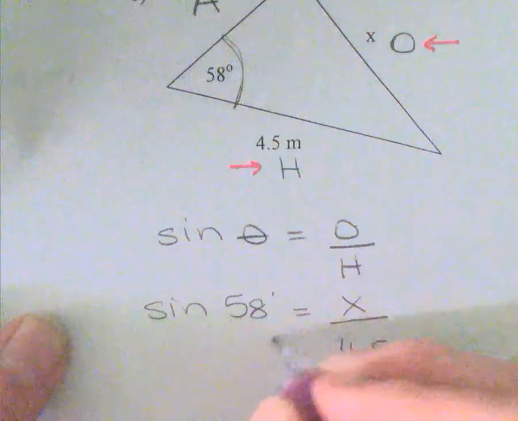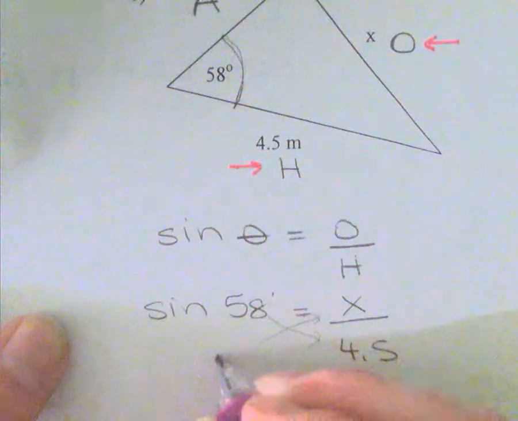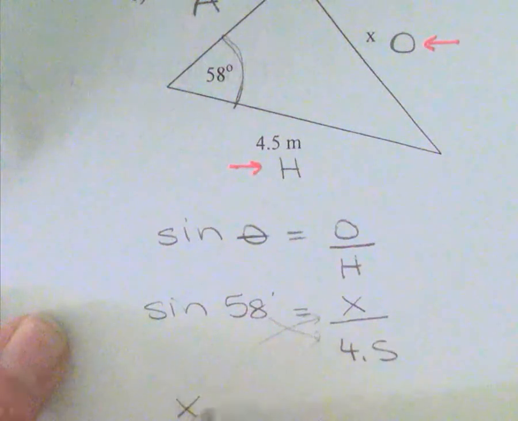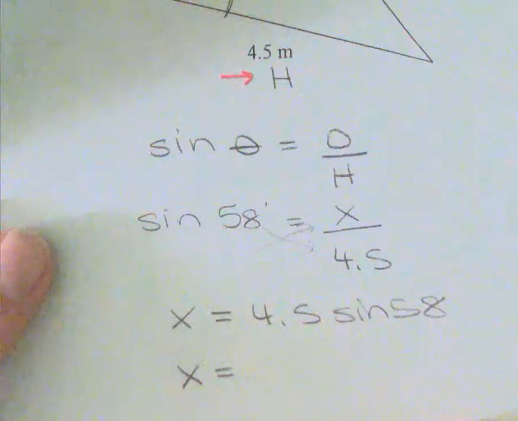So then I want to cross multiply. So I have this is over 1. So 1 times x is x. And this times this would be 4.5 sine of 58. So then I'm going to again put that in my calculator.